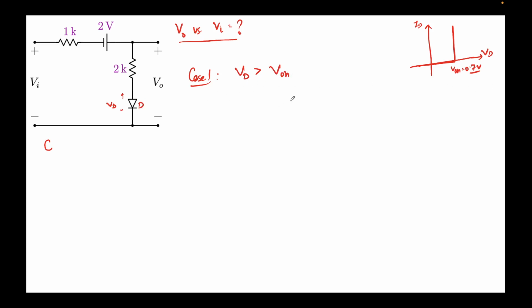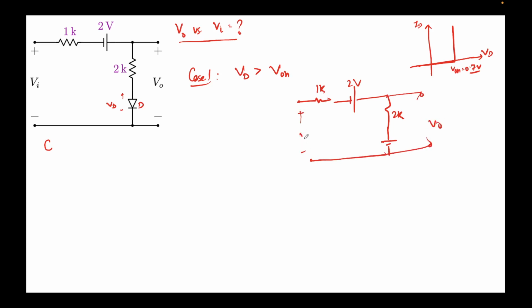Okay, so how will the circuit look? I'll draw the circuit over here. This is 1K, this is 2 volts, 2K. The diode will look like a battery, like this, and this is the V out.